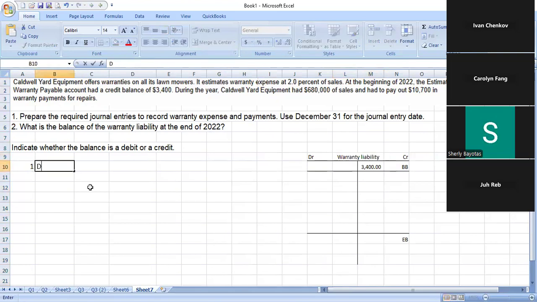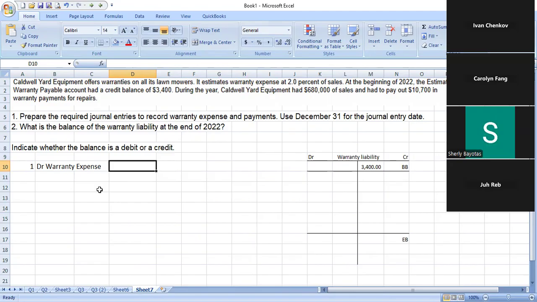So let's go debit, warranty expense. Later on, Elena is going to find out the warranty expense is actually not tax deductible, so you cannot deduct it for tax purposes.